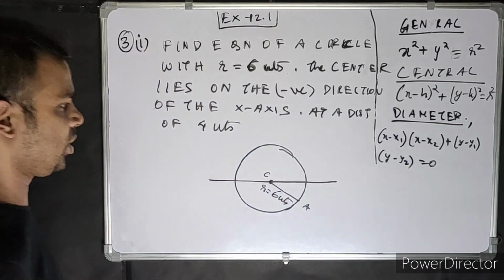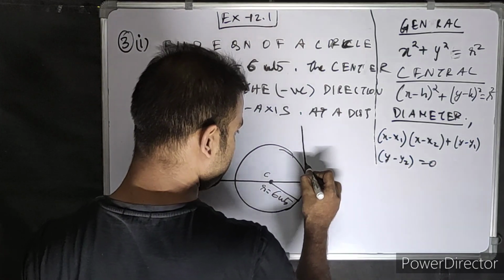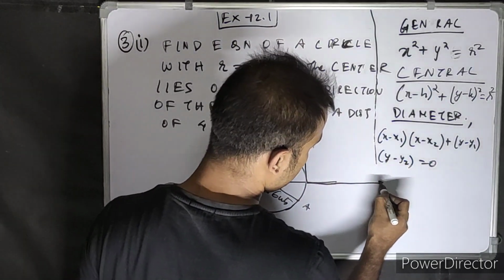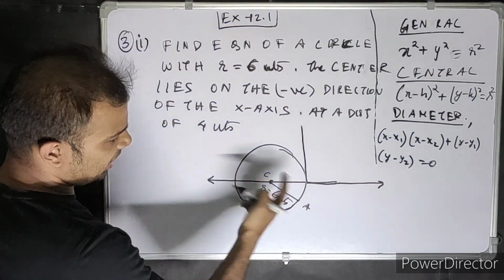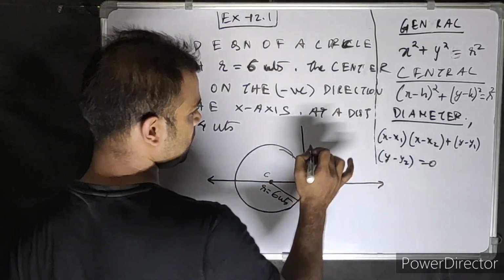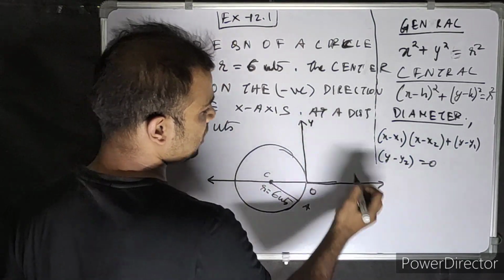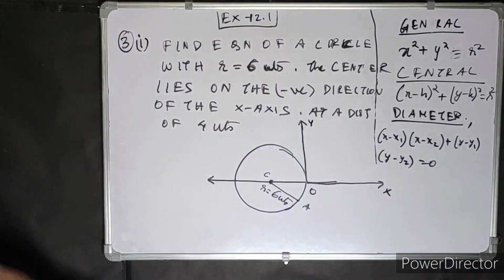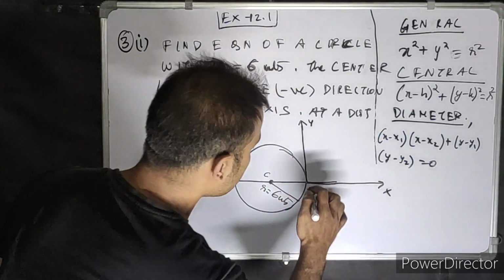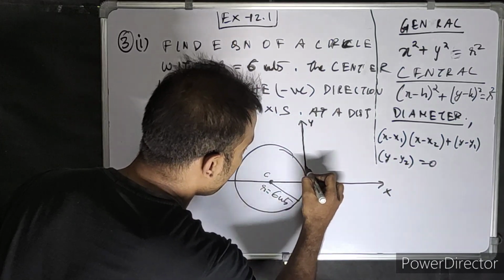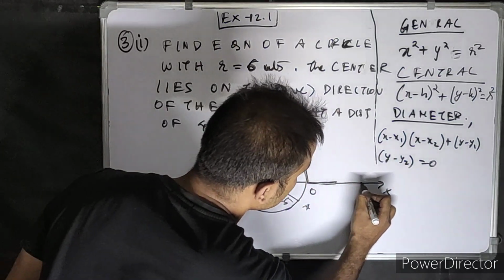That's the radius that is given, and the center is at a distance of 4 units in the negative direction. So if this is the x-axis, this is the negative direction of the x-axis, this is the origin, suppose. Please don't assume that the origin is one of the points.